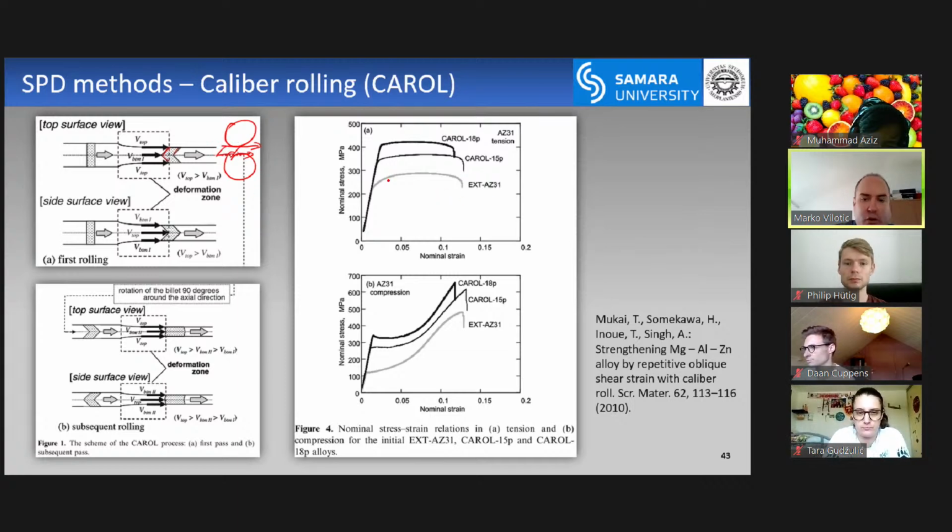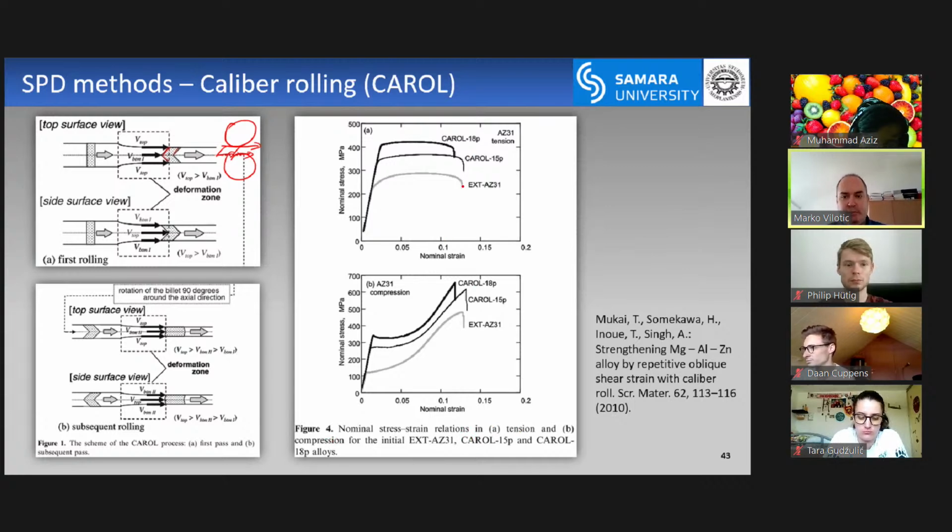And they want to compare the properties of the material, in this case it's nominal stress, depending on the tension and compression tests.